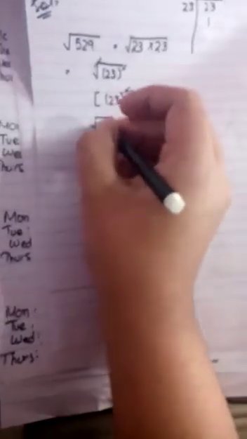When we have the square root and the square, this square is cut by this square, and now we have only 23. So the answer of the square root of 529 is equal to 23.